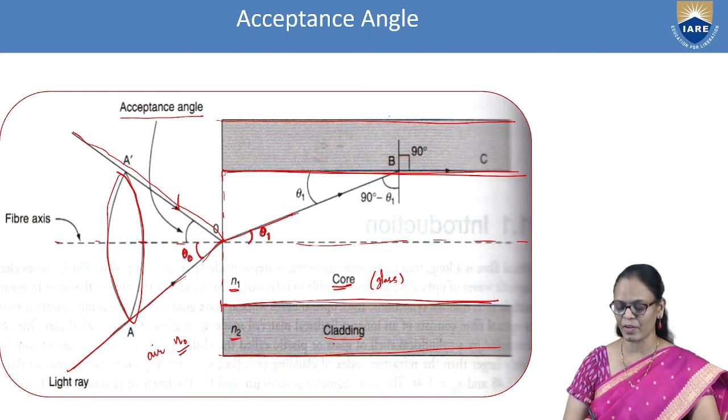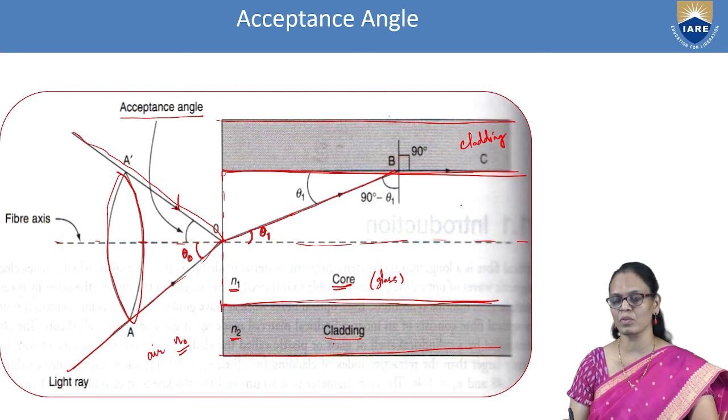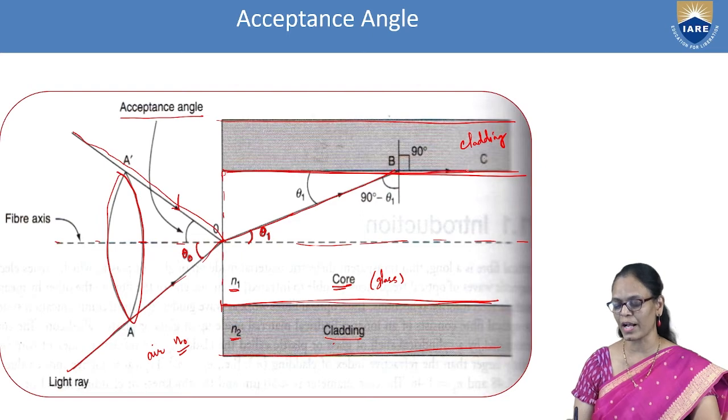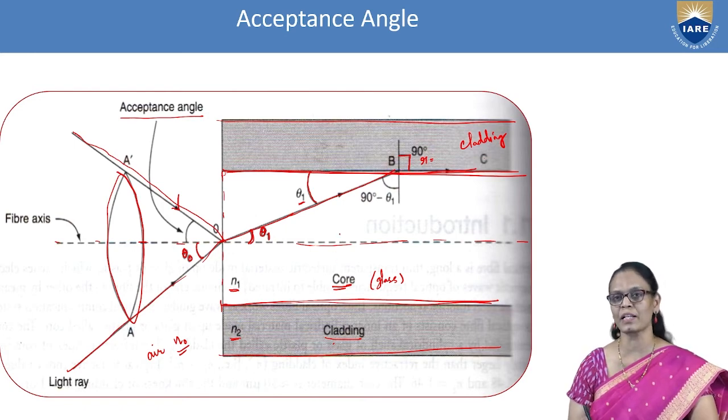Now this light ray is incident here at the interface of the cladding. This is the cladding and this is the core. This is the core-cladding interface. At a particular angle, which we call the critical angle, we have seen that the angle of refraction is equal to 90. Now if this angle is theta 1, this angle is also theta 1, because this is like a transversal between two parallel rays.